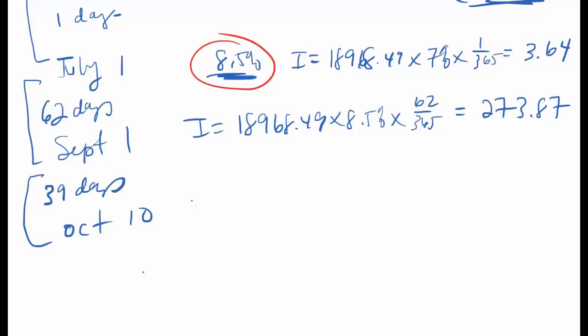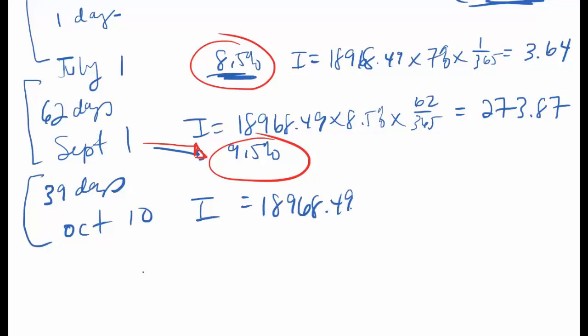39 days, I need to calculate interest because on September 1st I've got a 9.5% interest rate change. All right, so that's why I had to stop at September 1st, by the way. So continuing with this, I know it's 18,968.49 because nothing's been paid, times 9.5% times 39 days out of 365.